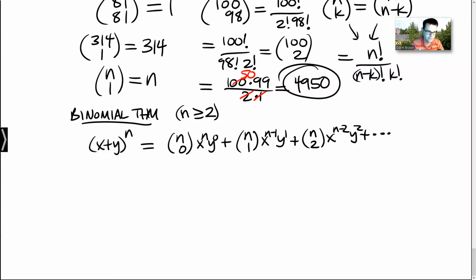See the pattern? All the way down to the last, let's give the last two terms. The last two terms would be n choose n minus 1, x to the first, y to the n minus 1, and then plus n choose n, x to the 0, y to the n.